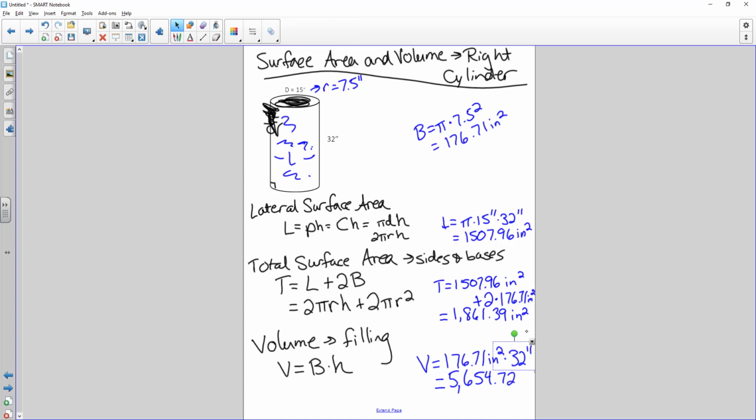Here I had inches squared times inches, so I end up with inches cubed, cubic inches. Whenever we do a volume, we should end up with cubic units, depending on whether we're using inches or feet or whatever.